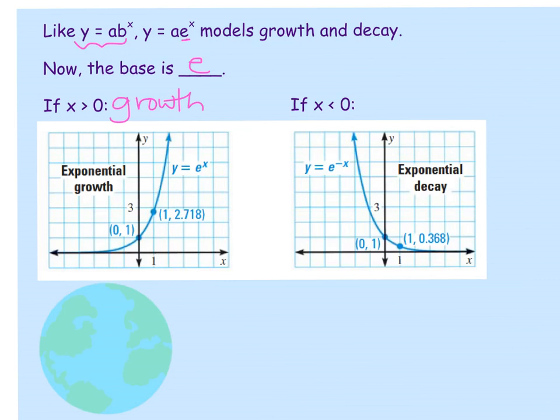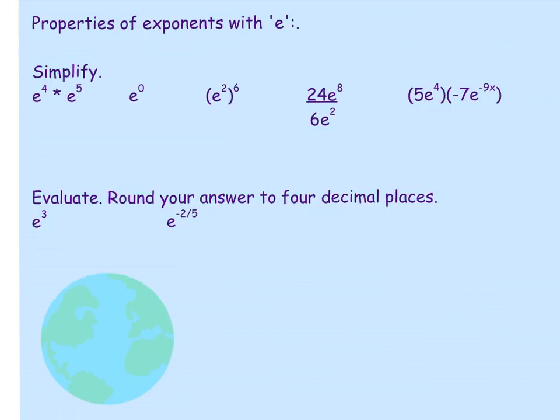But if x has a negative in front of it, so it's less than 0, that would model a decay function. And you can see down below we have y equals e to the positive x. That means a would equal 1. And over on the right, y equals e to the negative x. And the second one is a reflection over the y-axis.